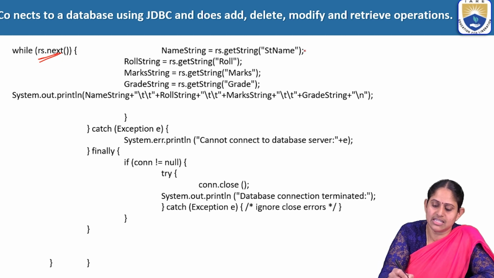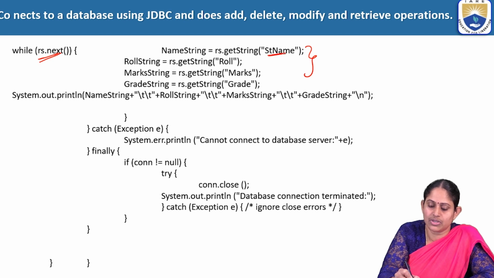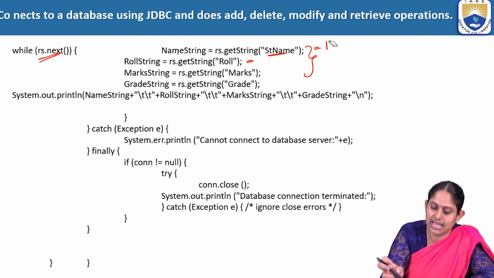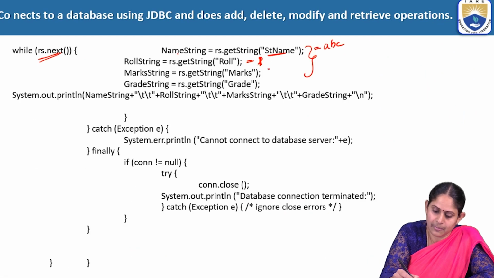If it does, then we retrieve all these things. Whatever the student's name was will be assigned into the name string. Initially, the name will be ABC, roll will be 1, marks will be 78 and grade will be A.